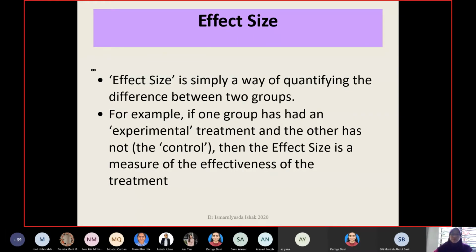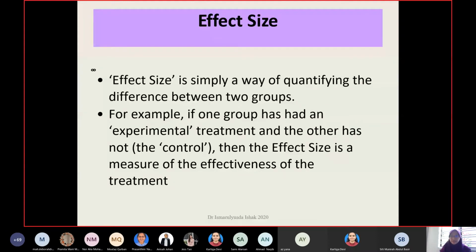Effect size and delta are quite the same, but sometimes delta is for the numbers that you need to include in your calculations. Effect size can have many versions, according to the test.